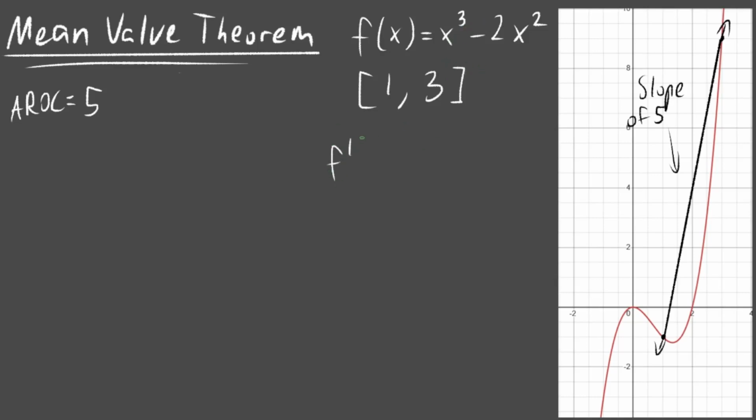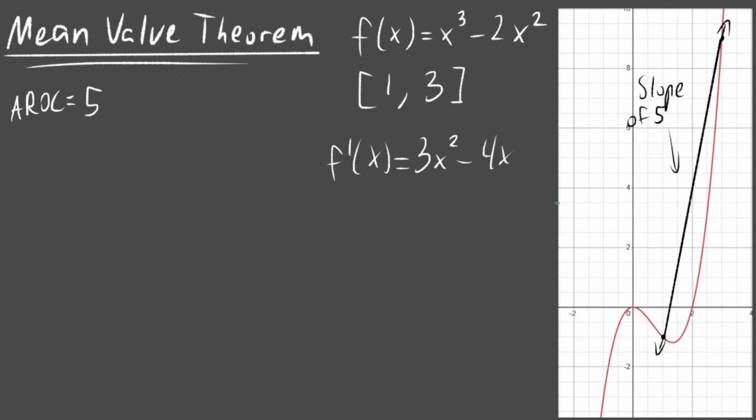So I'll write f prime of x is equal to 3x squared. I decremented my power, and then minus, and then for 2x squared, I multiply my exponent and then decrement it. So I'll have 4x. It's just pretty basic power rule. Hopefully you're familiar with that. So anyway, this is my equation that'll tell me where my slopes are.